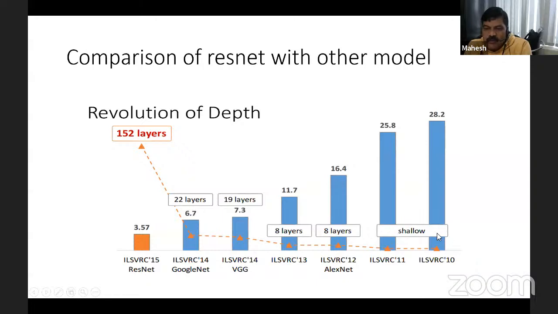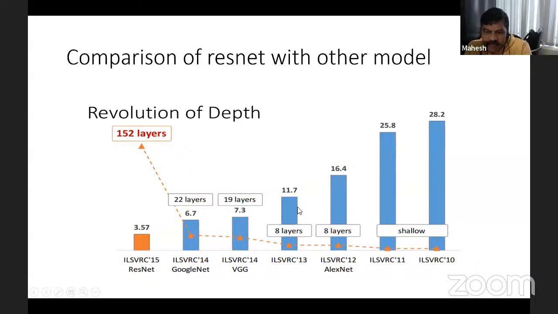Initially people used shallow networks, maybe fewer than 5 layers, and the error was 28.2, 25.8, and so on. There was a competition every year, and in 2012 the AlexNet model was the winner. It used 8 layers and got an error of 16.4. Other models got more errors, so AlexNet was the winner.